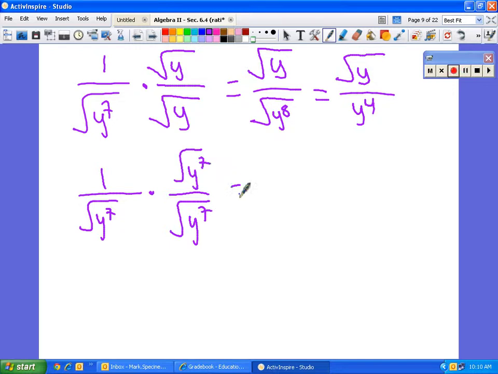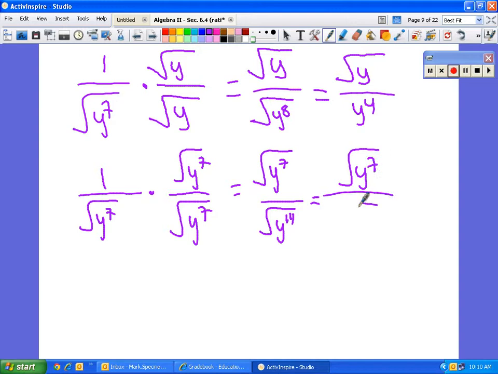I get the square root of y to the 7th divided by the square root of y to the 14th, which gives me the square root of y to the 7th over y to the 7th. But I can simplify this. I can turn it into two piles, y to the 6th and y.